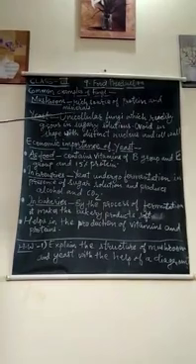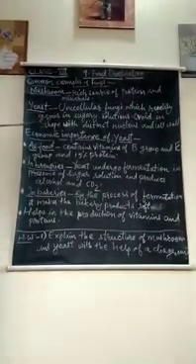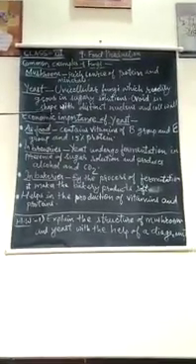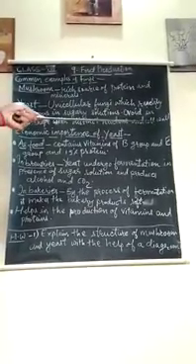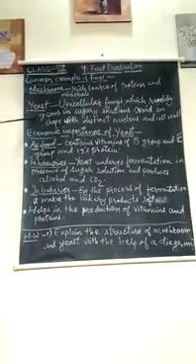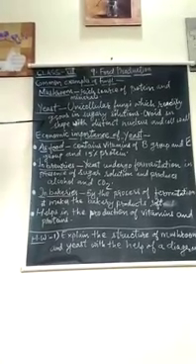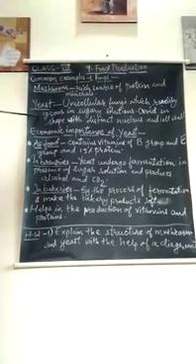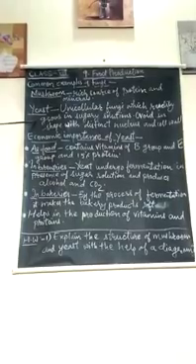The shape of the yeast cell is ovoid, that is oval, with a distinct nucleus and cell wall. Now one more common fungus is bread mold, which grows on stale bread and is blackish and cottony in structure.